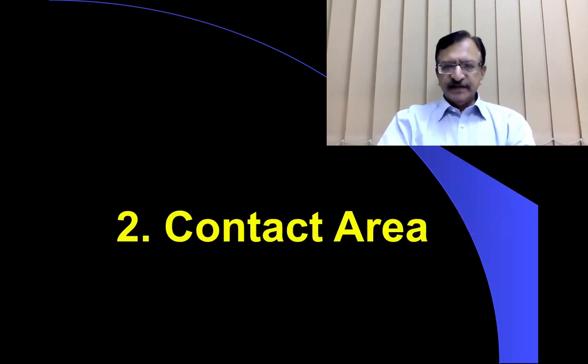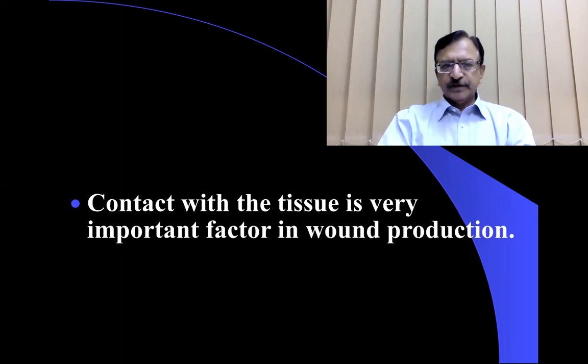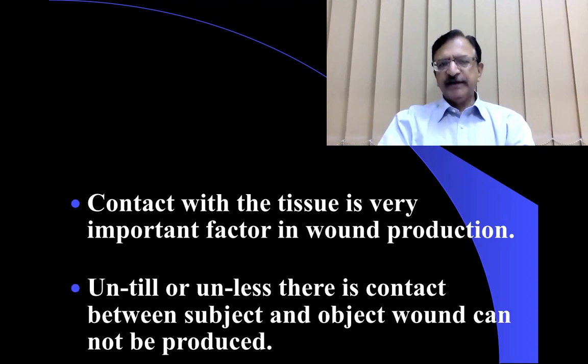So, the contact area factor. Contact with the tissue is a very important factor in wound production. Unless there is contact between the subject and the object, a wound cannot be produced.